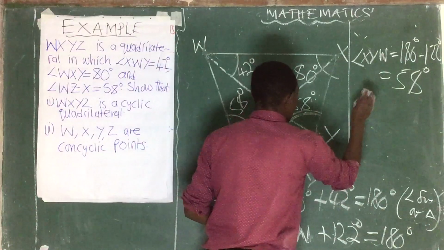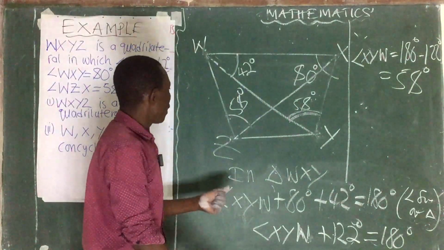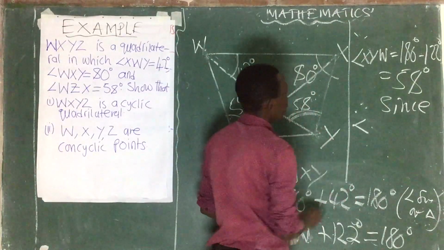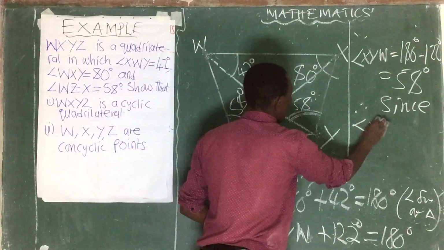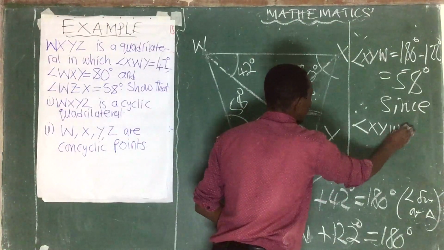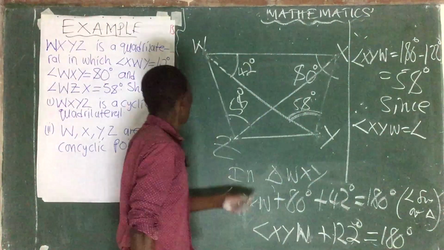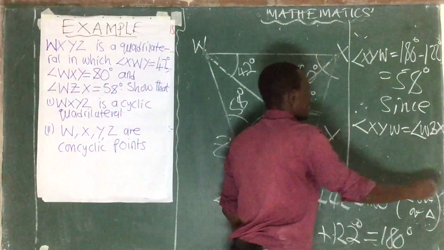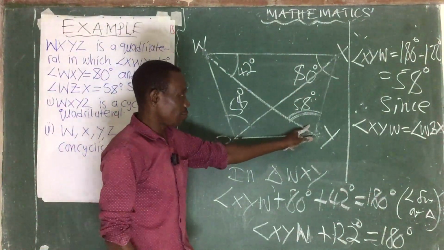Right. So you say, therefore, since angle XYW is equal to angle WZX, this is equal to that.